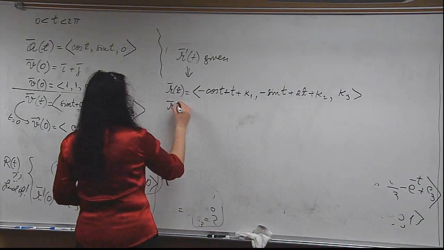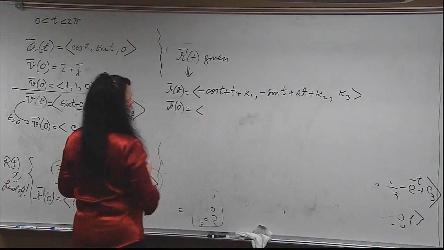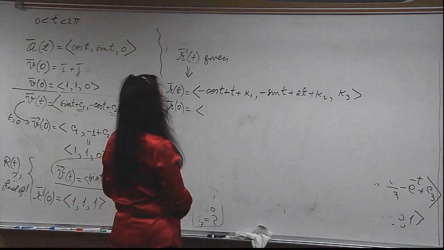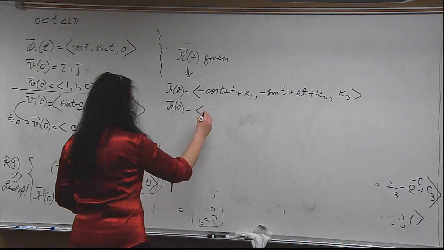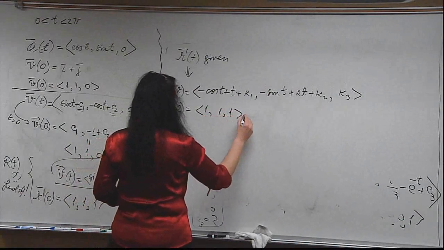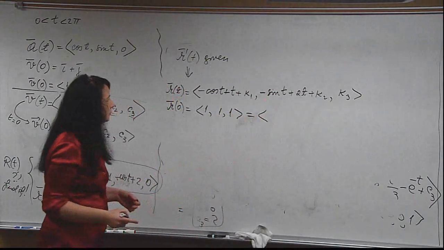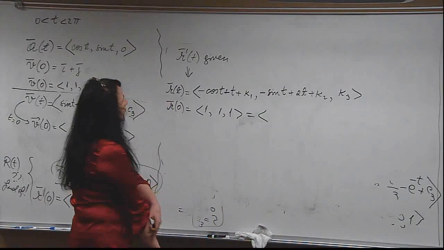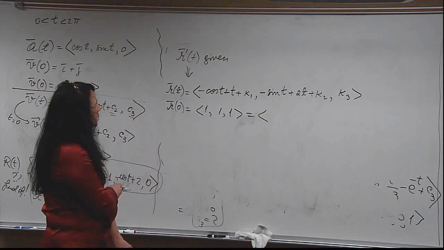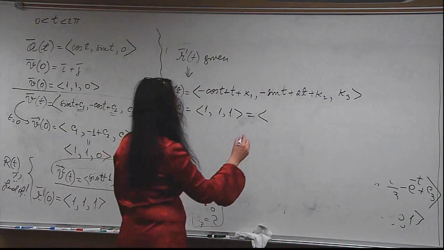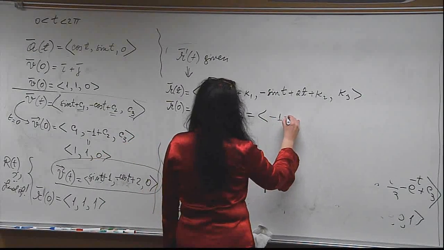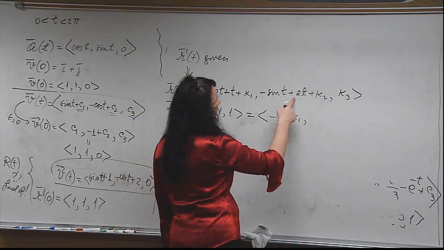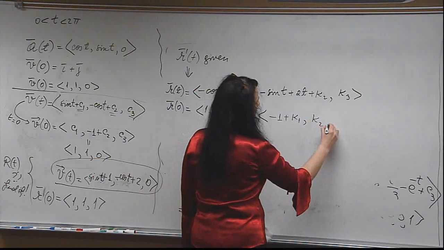So r of 0 is going to be what? First of all, we use this piece of information. Second of all, we identify it from the formula we got. So from the formula I got, just plugging in 0, it should come out straight as minus 1 plus k1, 0 for this guy, 0 for the second term, k2, and k3.